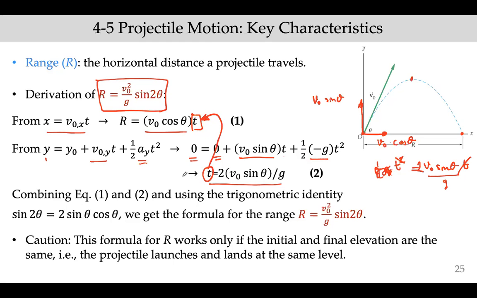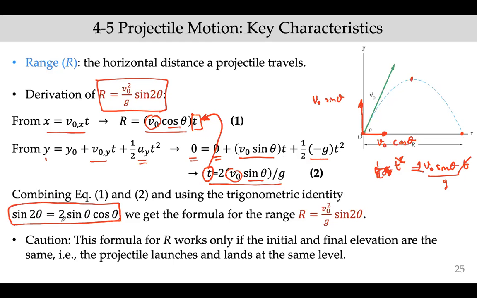So for the range, if I do that, what I'm going to get is 2, and v0 squared, because there are 2 of them, and there's going to be cosine, sine divided by g. Now, you can use this identity. This is from trigonometry, it has nothing to do with physics.